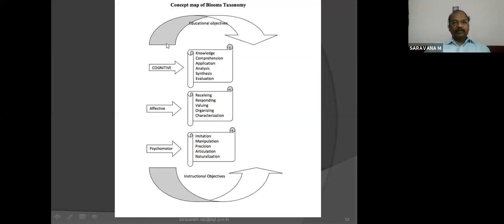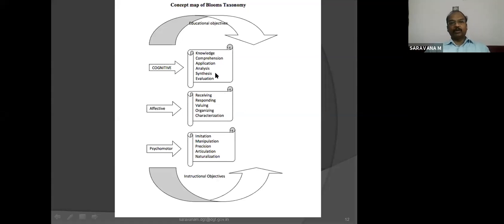Like that, cognitive domain also has 6 major components, that is knowledge, comprehension, application, analysis, synthesis, evaluation. See, today we are not going to discuss all these domains.